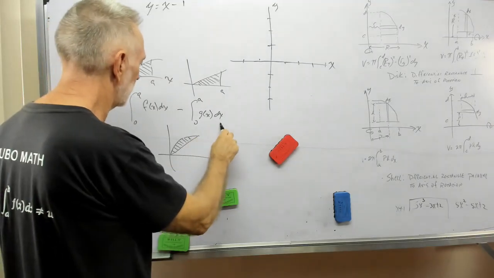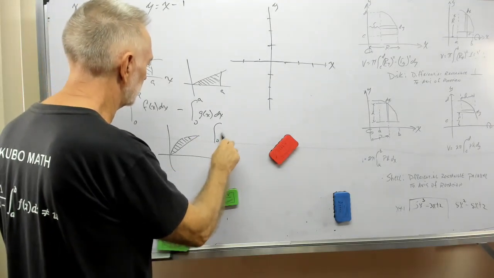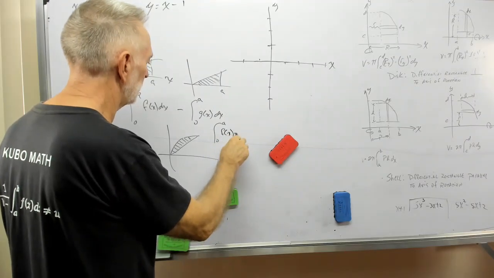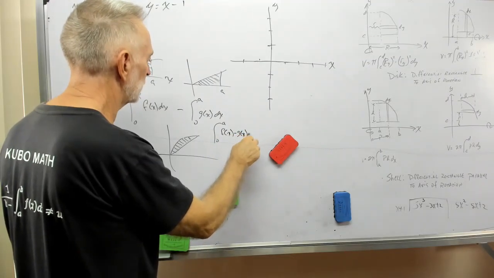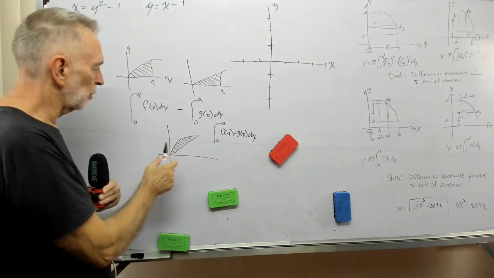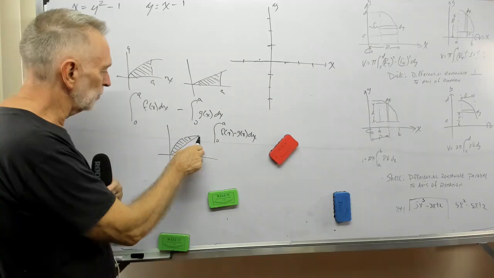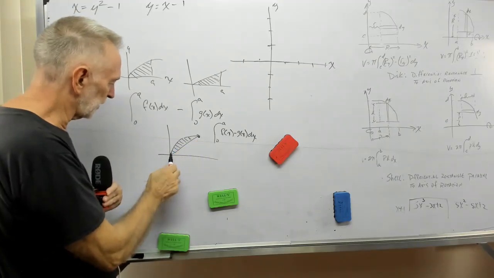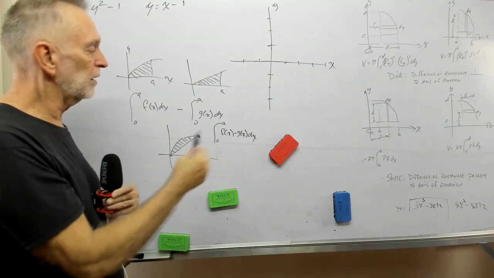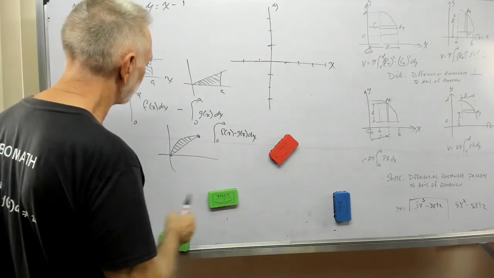So now I could integrate from 0 to a, f of x minus g of x dx, and get the area bound by those two curves. Now you'll notice they intersect here and they intersect here, so it gives me a closed, bound area that I can work with.